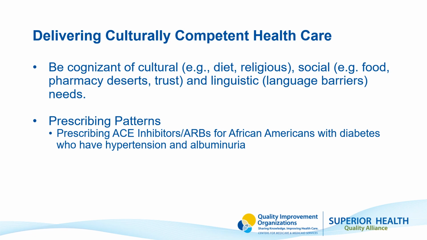That has been a challenge over the years, thinking that African Americans should not get ACE inhibitors and ARBs because they don't work in African Americans, which is not true. They may require a greater dose, but ACE inhibitors and ARBs are effective and protective of the kidneys.